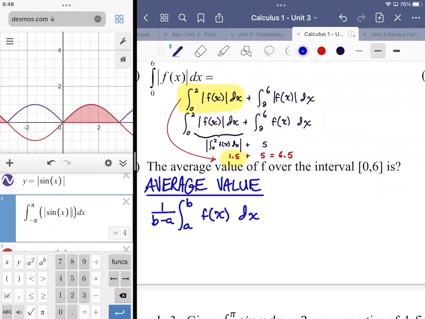Right. So really all you're doing to find an average value is dividing your net area by the length of the interval. So in a contextual situation, I hope I did anyway.